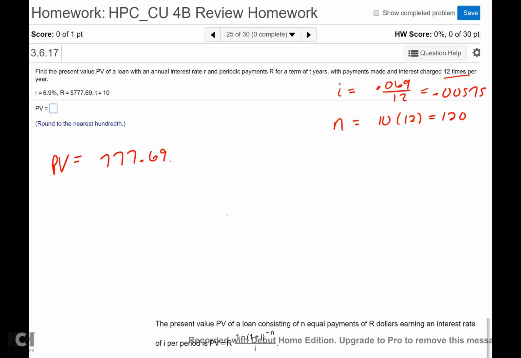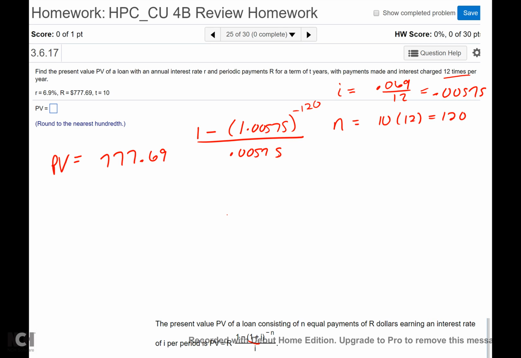$777.69 times 1 minus 1.00575. I did this in my head. Okay, just added 1 to my I. To the negative 120 all over 0.00575. Alright, I'm not going to write all the steps out, but I'll say it as I am typing. 1.00575 caret negative 120.